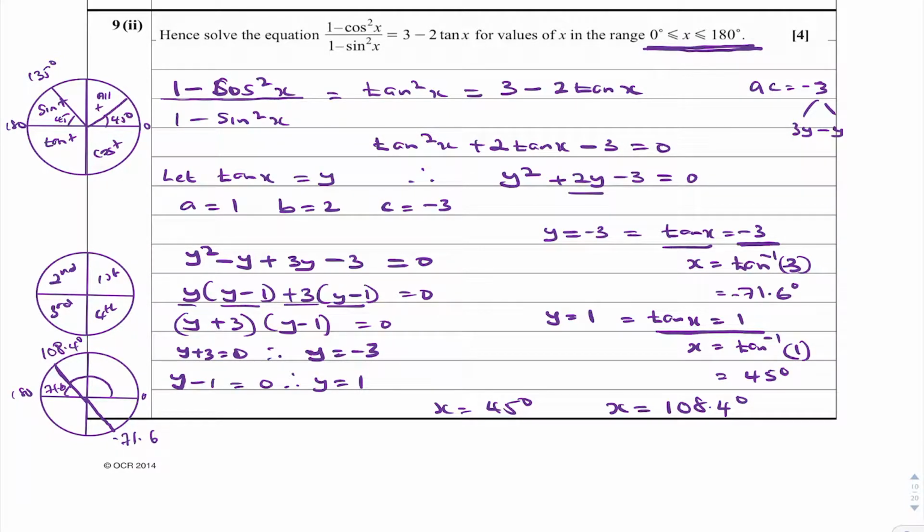So those are the two values that we needed. In the domain of 0 degrees less than or equal to x less than or equal to 180 degrees, the angles are x equals 45 degrees and 108.4 degrees.